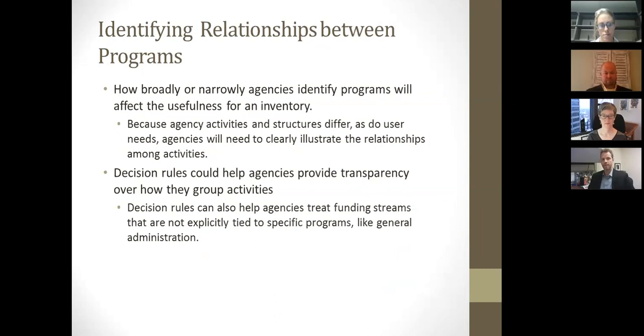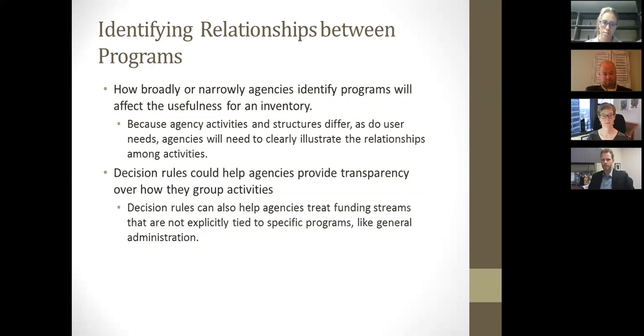On the other hand, if an agency groups activities really narrowly, that could yield some greater transparency on those costs, for example, for each of those activities. But it also could make it more difficult for agencies to identify and maintain information about each of those programs. So there's a bit of a balance there between using a narrower approach or a broader approach, and it really is going to be up to each agency to make those decisions.